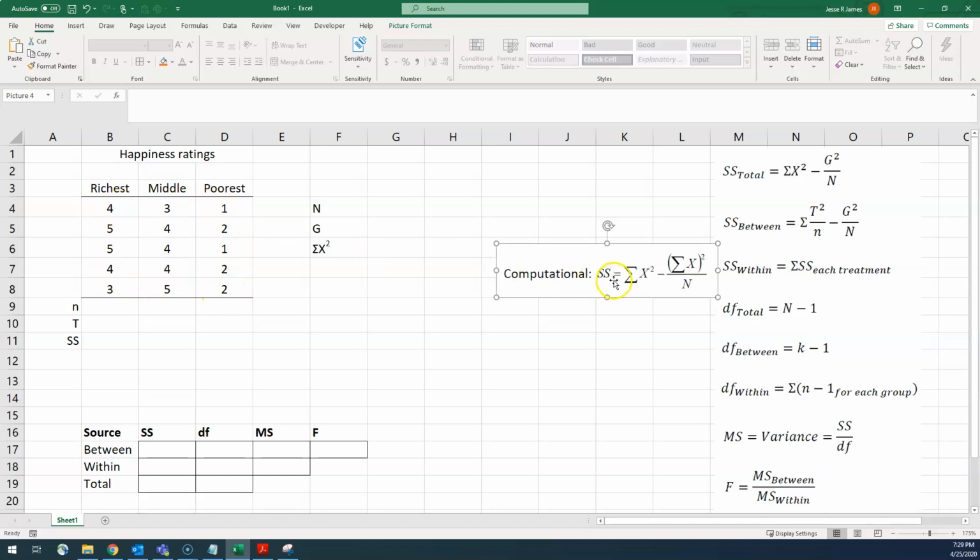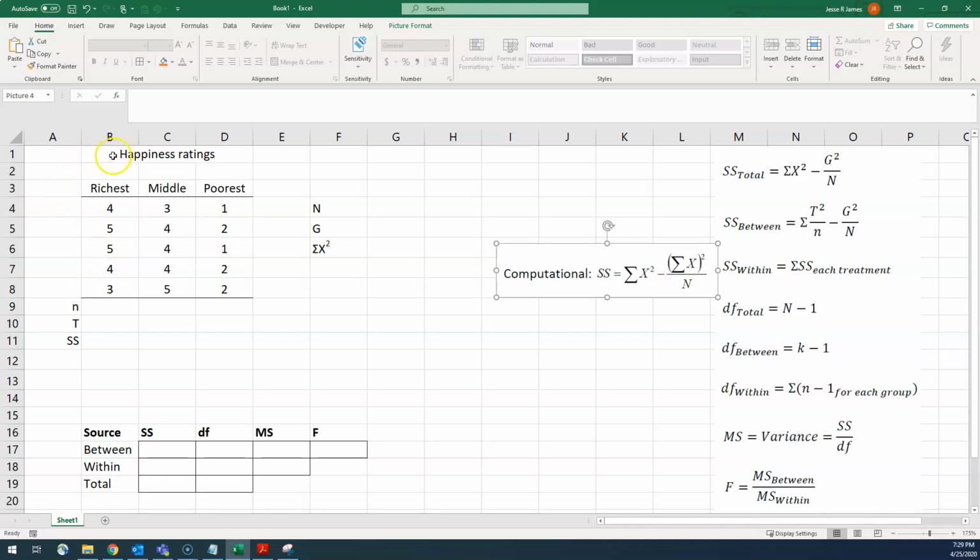We're not actually computing the sum of squares for the whole set. We're computing the sum of squares for each of these columns, for each of these individual sets of 5. And so we're going to use this little n, because we want to use the number of scores in the set that we're computing the sum of squares for.